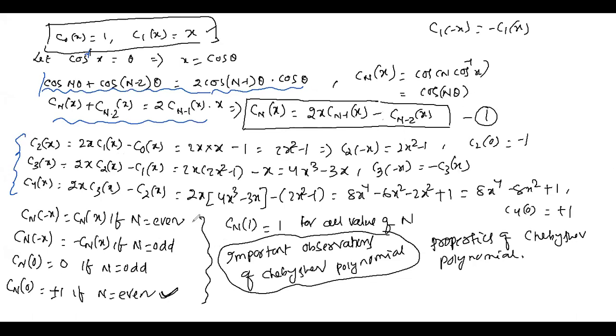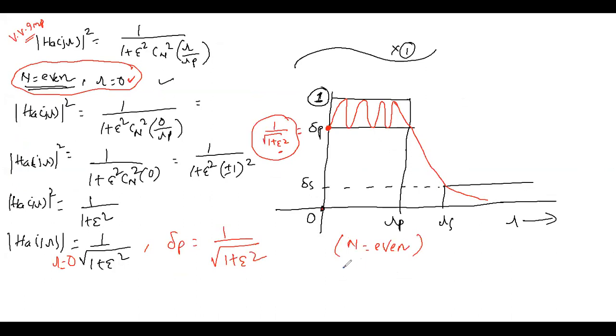After that, we discussed some properties, characteristics or important observations of the Chebyshev polynomial. That is, Cn(minus x) equals Cn(x) if n is even; if n is odd, then the Chebyshev polynomial is also odd. Then Cn(0) equals 0 if n is odd, and Cn(0) equals plus or minus 1 if n is even. And Cn(1) equals 1 for all values of n. Based on the observation, we derived two parts. If n is even, then the ripple starts from 1 by root over 1 plus epsilon square.